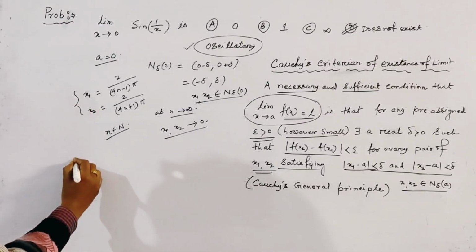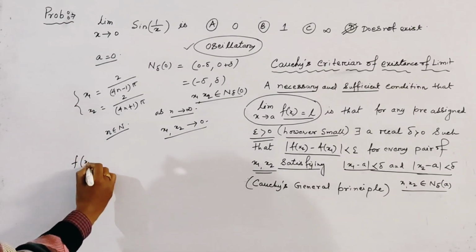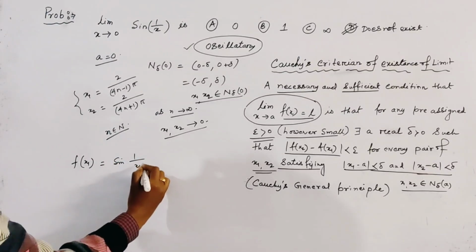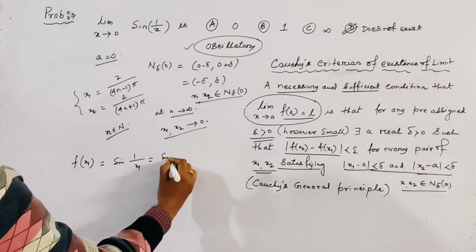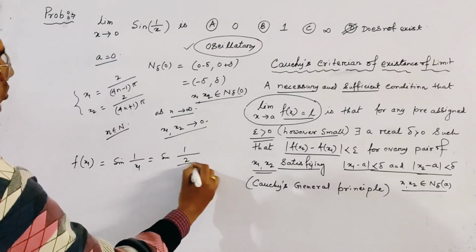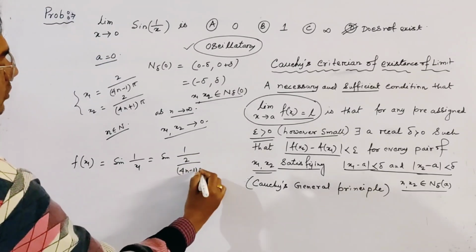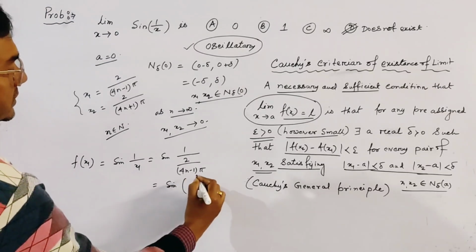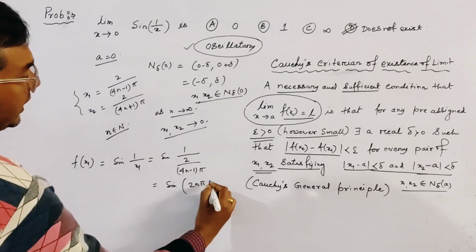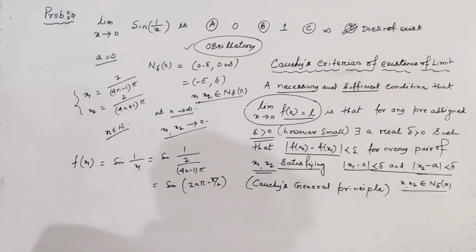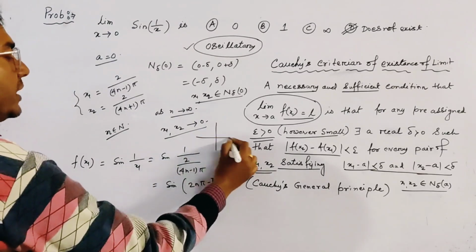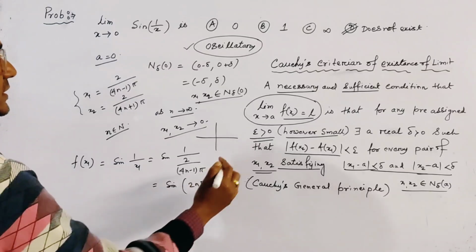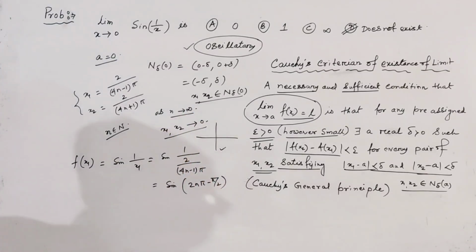Now, if we find the value of f of x1, this is given by sine of 1 by x1. This is sine of 1 by 2 by (4n minus 1) into pi, so this is sine of 2n pi minus pi by 2. And clearly 2n pi minus pi by 2, for any value of n, lies in the fourth quadrant.